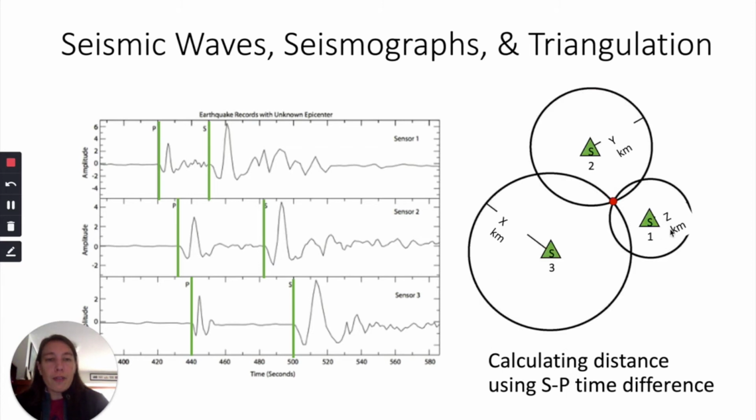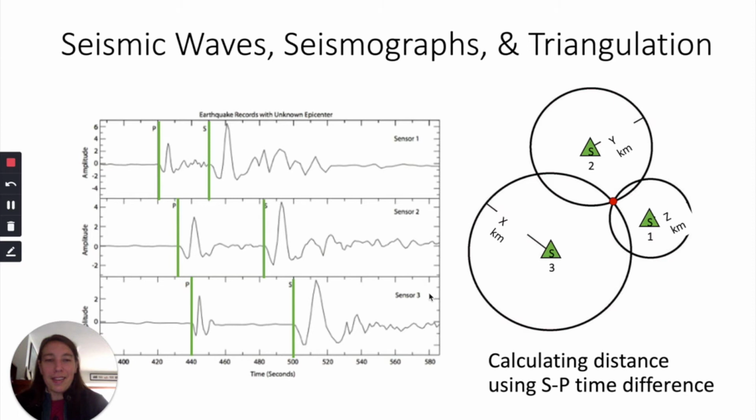Once we have that information, we can use the distance from the earthquake to draw a circle around the location of the station. And you can see here for sensor 1, 2, and 3, each of these circle diameters is different. And the radius of that circle is represented by how long of time there was between the P wave and the S wave arrival.